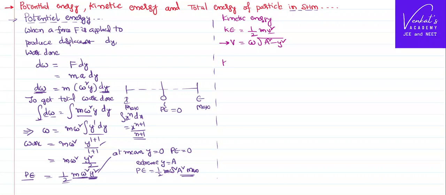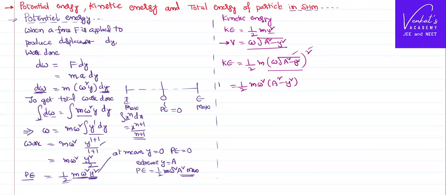Substituting this value, kinetic energy becomes half m, omega into root of a square minus y square, whole square. So this becomes half m omega square times a square minus y square. That's the equation for kinetic energy.